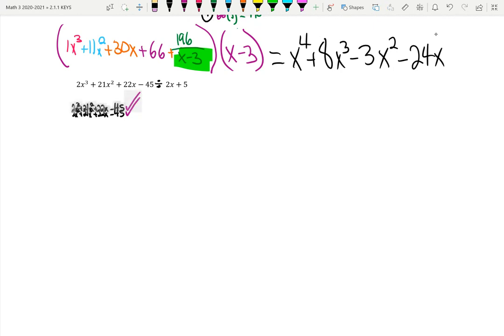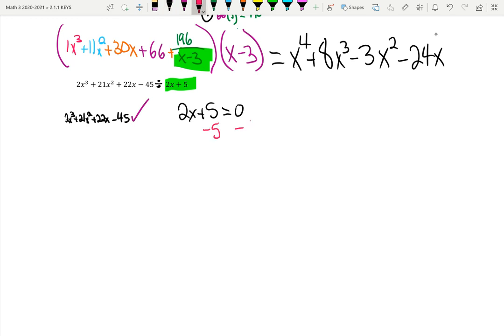Now, I need to figure out what is the linear factor that makes it 0. So I'm going to look at my divisor, 2x plus 5, and ask myself, what makes it 0? If I need to, I can use algebra to determine that 2x is going to be equal to negative 5, meaning x is equal to negative 5 halves, or negative 2.5.